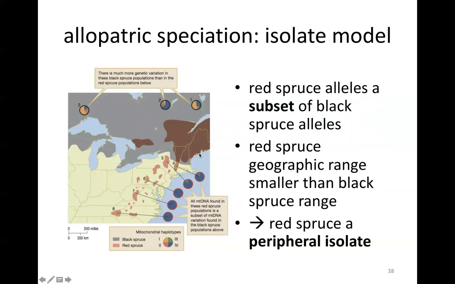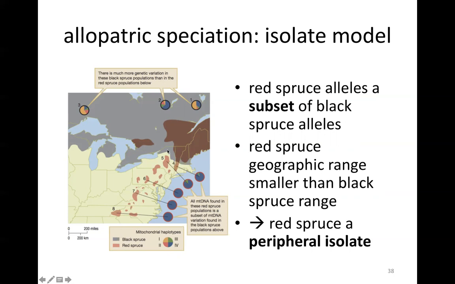In recent times, one of the species, the black spruce, the original species, was a source of a colonization event which led to the emergence of red spruce, you see here. And so the black spruce is normally living in more northern areas, and then it colonized more southern areas of the Americas.